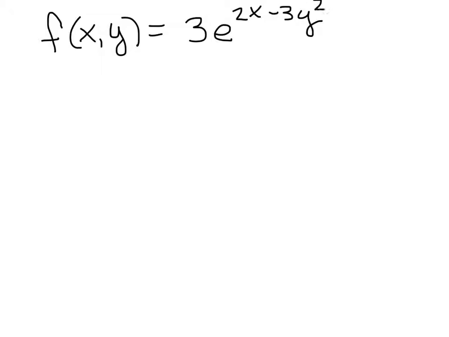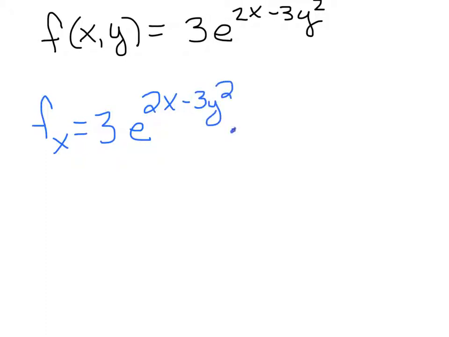Let's put a square on that just for fun. And let's find the partial derivative with respect to x. The 3 out front comes along for the ride. The e term gets rewritten exactly like it is, and then we multiply that by the derivative of the exponent.